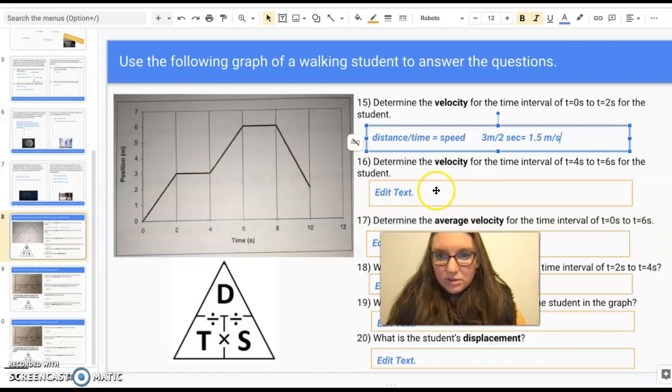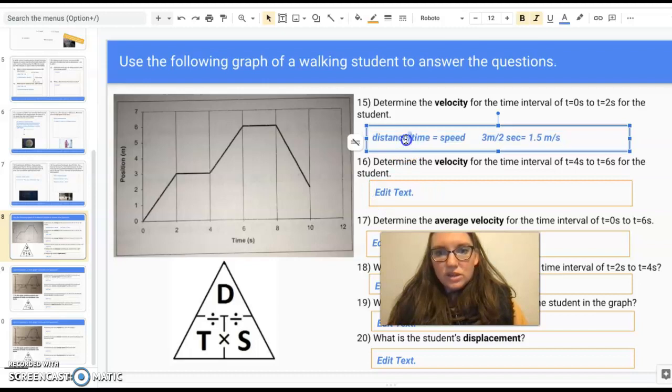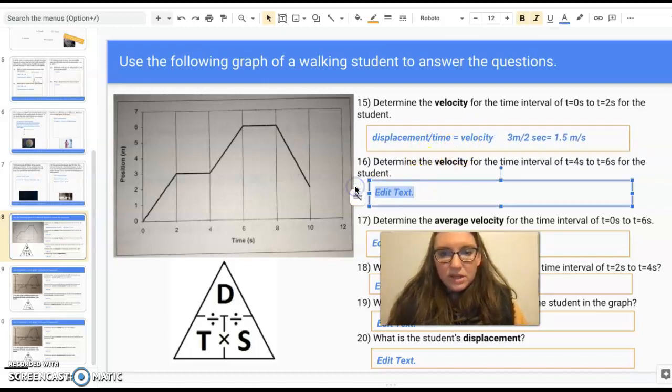So now we're going to determine the velocity for the time interval of t equals 4 seconds to t equals 6 seconds. So from here to here. Okay, so again, actually I better write this the right way. This is displacement versus time equals velocity. But it's the same equation, so don't be freaked out by it.